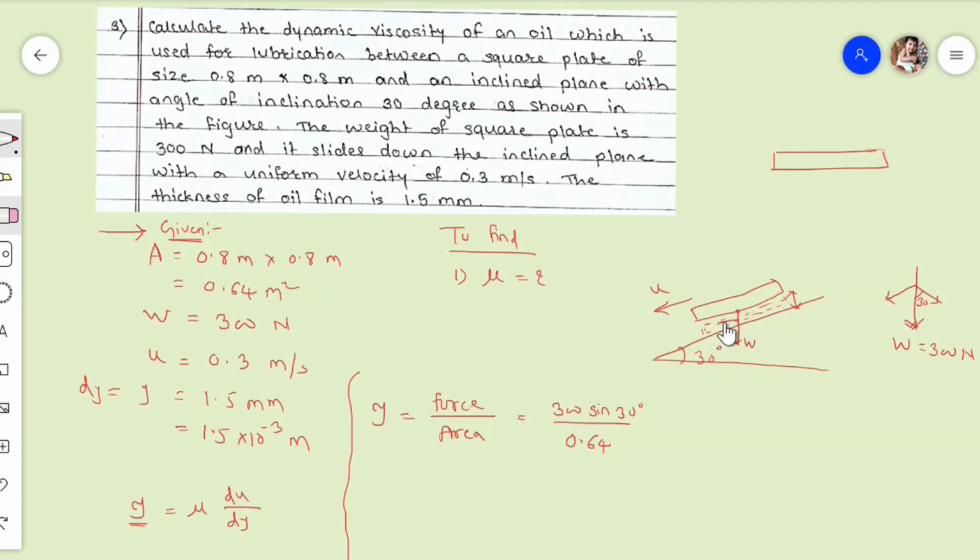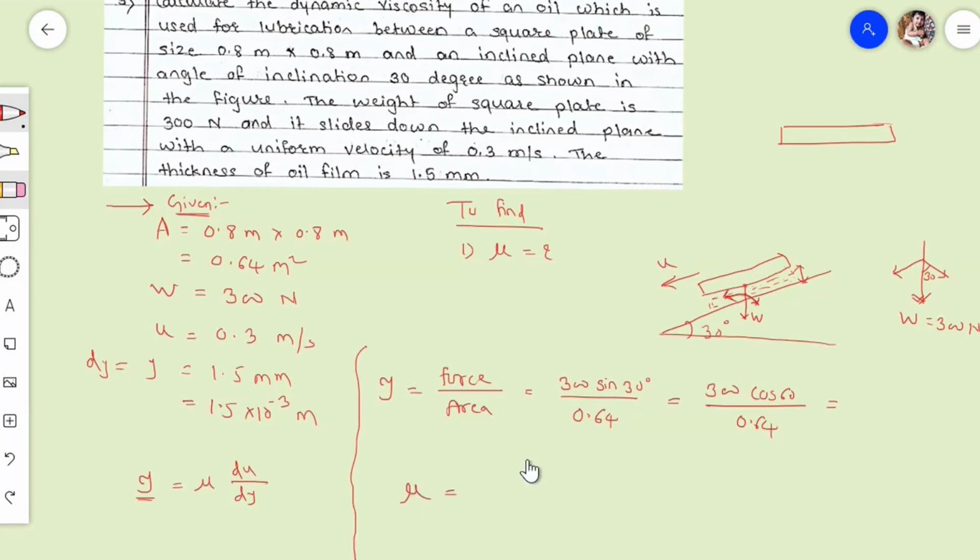So if I draw here, it will be drawn something like this. Two forces, two components of the force. You have studied this in mechanics, engineering mechanics, right? So 300 sin 30 I can write, or I can write 300 cos 60. So 300 cos 60 is also okay upon 0.64. So from this you can get the value of tau.